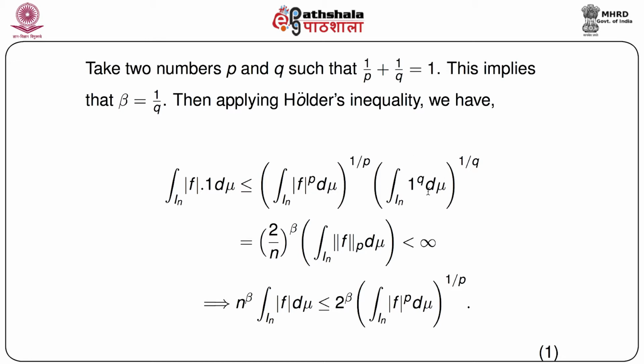This integral gives us the value of just 2/n. So (2/n) whole to the power 1/q. Now 1/q is beta. So this second term is exactly (2/n)^beta.